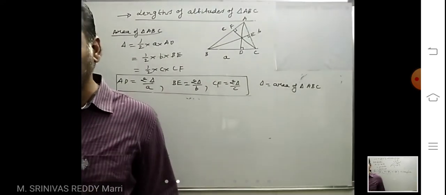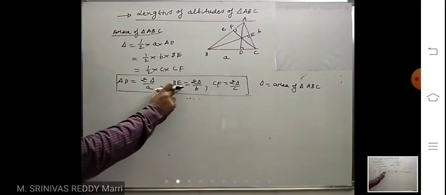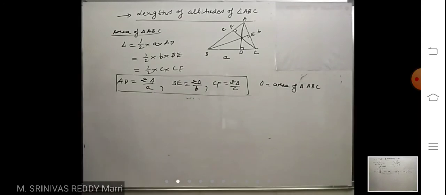These are the lengths of altitudes. Whenever altitude passing through A, B or C, you write this formula.